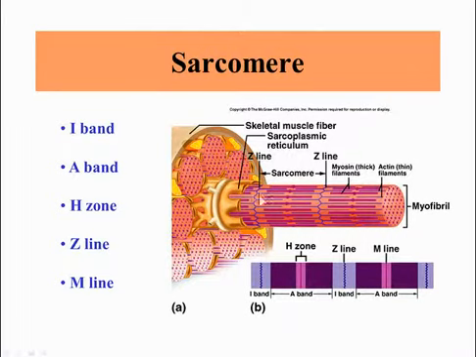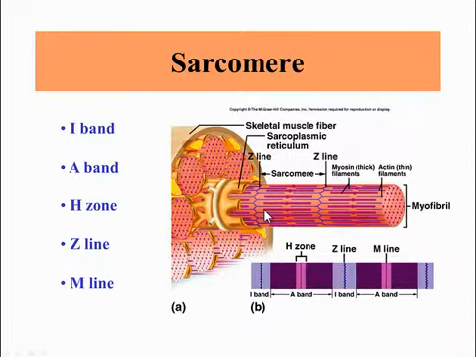Okay, so right here where that Z line is, a dark Z-shaped line, there's only actin, so a lot of light can shine through this. So you can have a real light band of light coming through here in this I band.